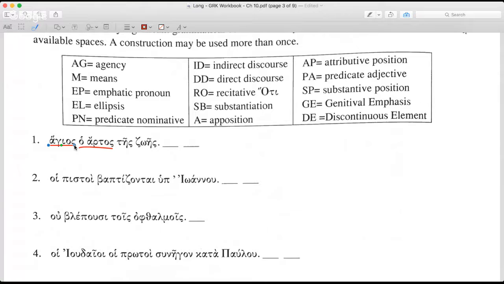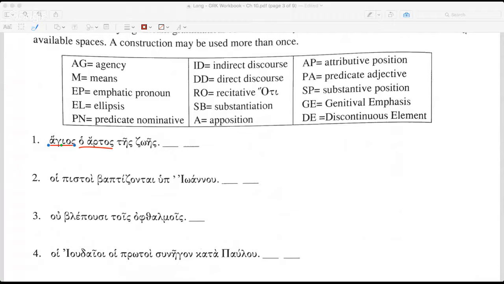Is that in any of our positions for adjectival positions? Predicate. Mm-hmm. Does the predicate have the definite article? Yes, it does. It can or cannot.